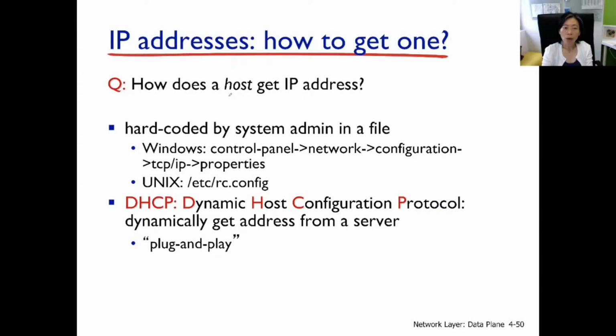Let's talk about how a host gets an IP address. There are two ways, especially in the older times. You have to talk to the system admin first. The system admin is going to give you the IP address, and then you manually type the IP address at a specific place in the operating system.